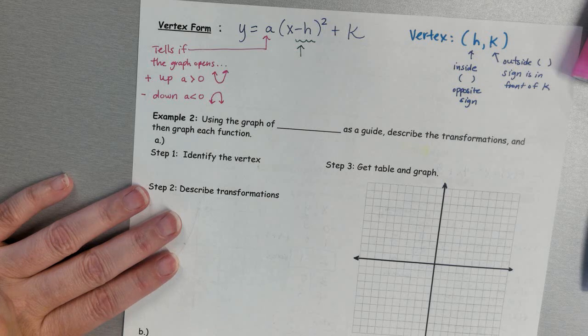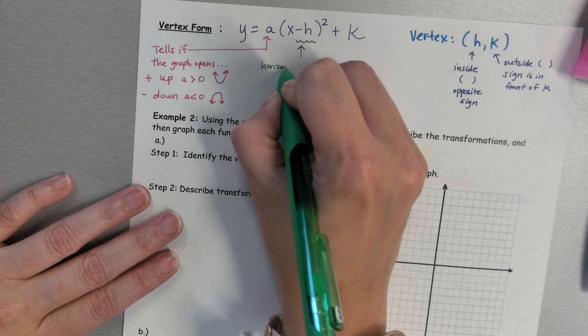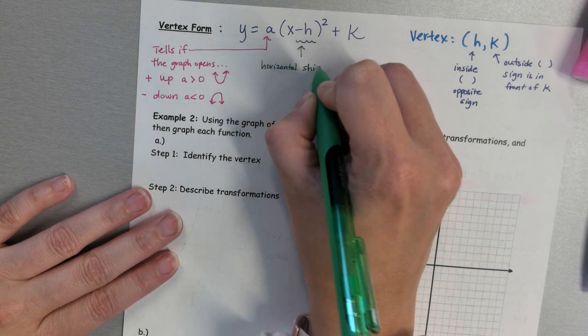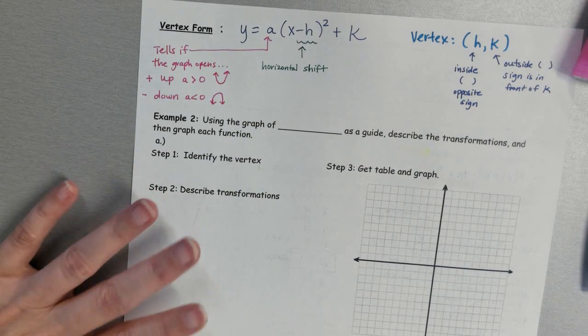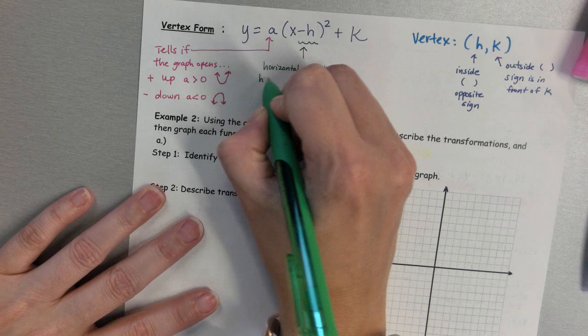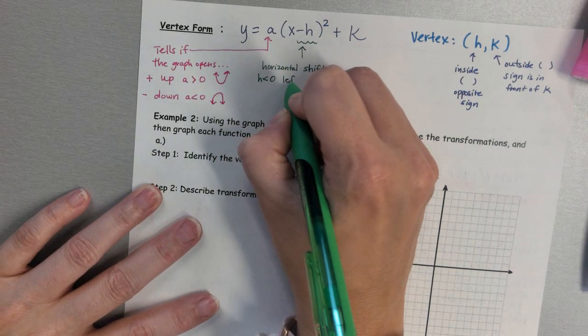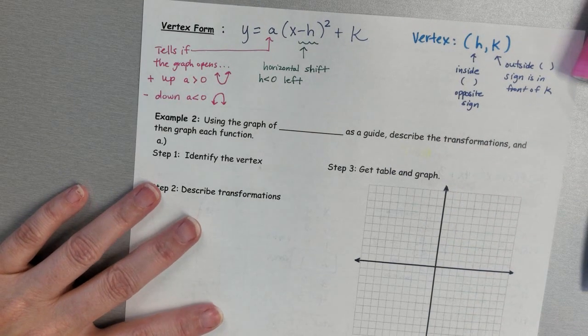Remember what type? Horizontal? Yep. So it's a horizontal shift. And this is the one where it's the opposite, right? So if your h value is less than 0, it's going to the left, which is always what we know, right? If it's negative, it's going to the left.